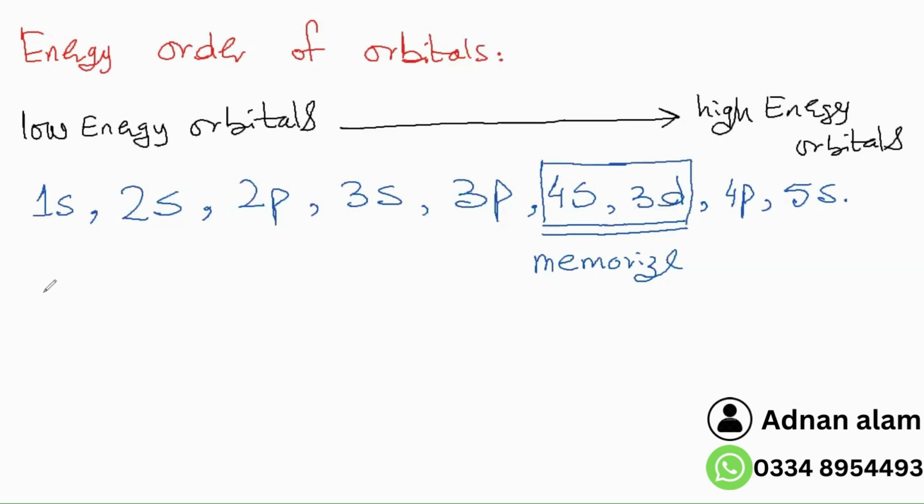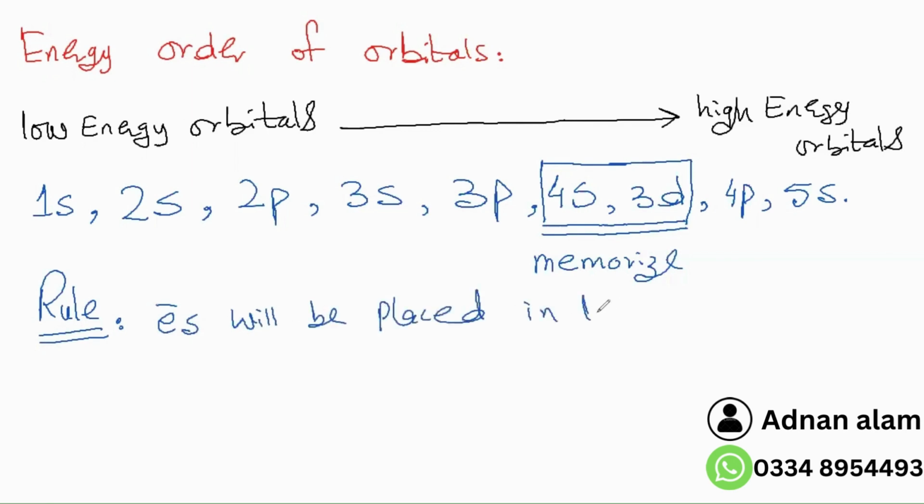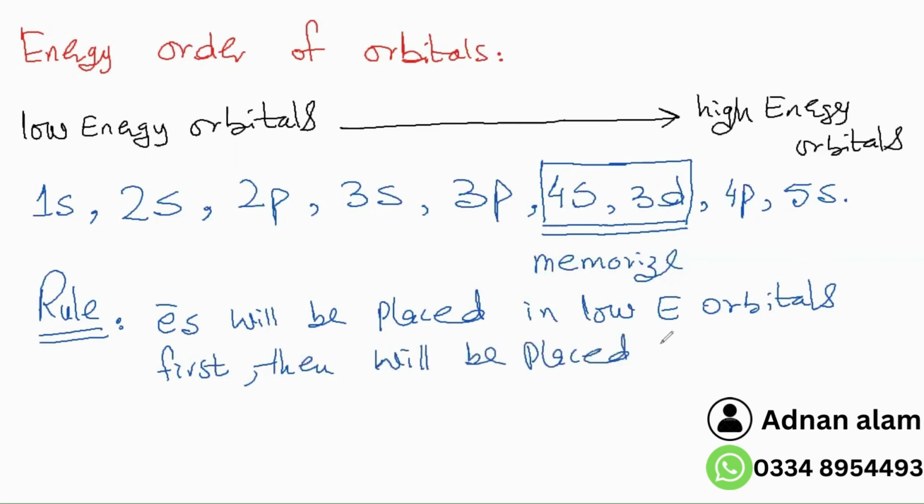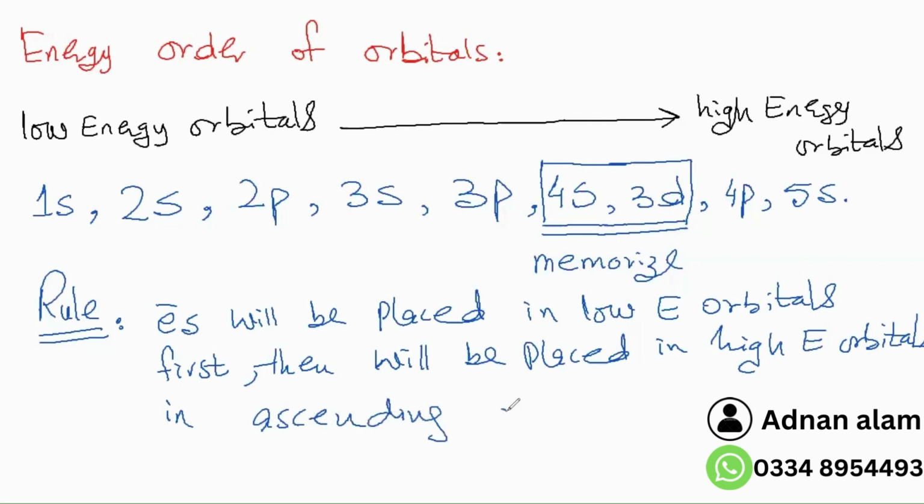Okay. So now there is another rule, and this rule is for the placement of electrons. The rule is that electrons will be placed in low energy orbitals first, and then will be placed in high energy orbitals in ascending order.